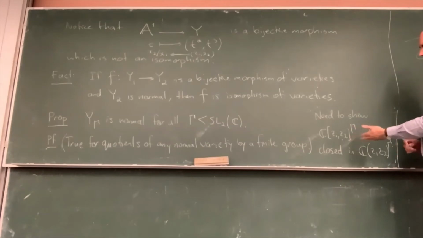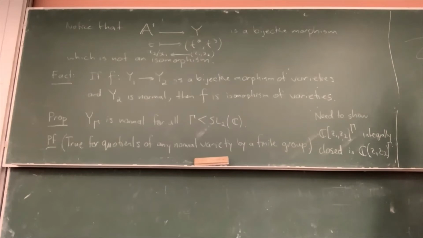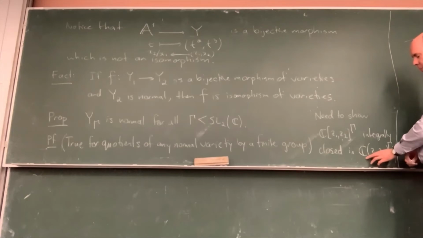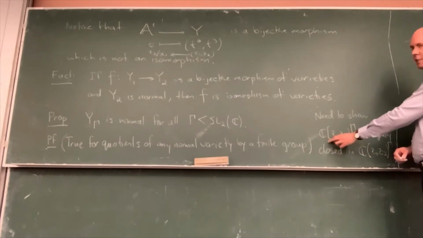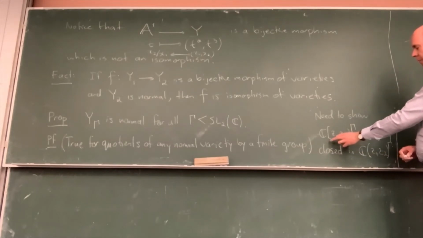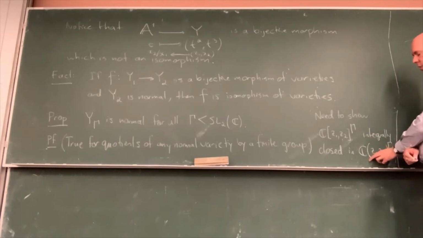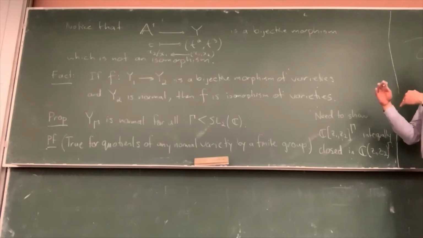Sorry, I begged the question by writing down this statement, so this is not the hard part. The part which requires thought is to show that this Gamma-invariant subfield is the field of fractions of this. It's obvious that the field of fractions of this is contained in this, but you need to show that if you have a rational function which is Gamma-invariant, then you can write it as a quotient of two Gamma-invariant things. And that's where you use the finiteness of Gamma.